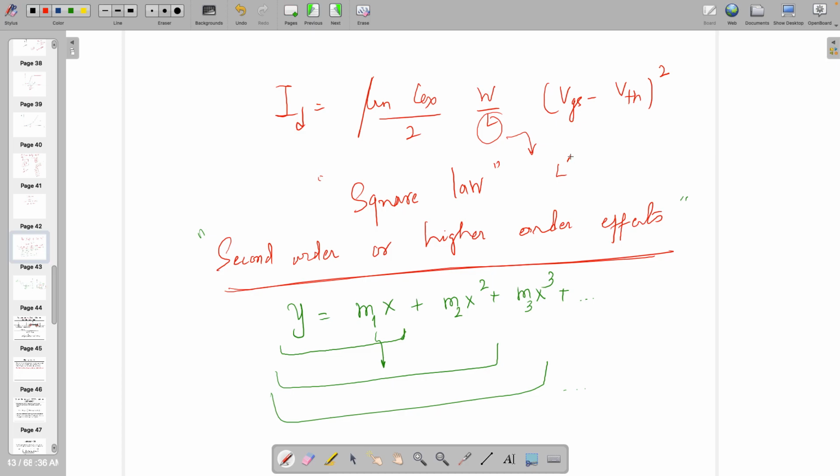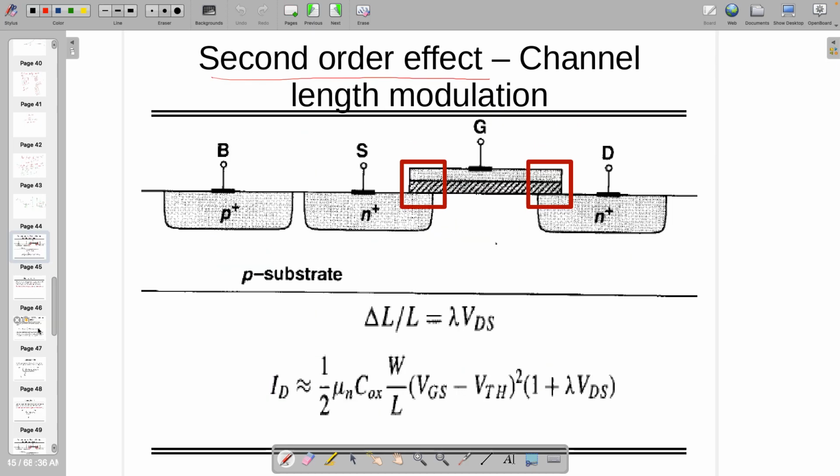So if I am considering L, the new equation will be 1 plus lambda VDS. This is a similar theory to what we used for BJT, where you have the Early effect, with E capital, by the way. Do not keep E in small letter. You know why?